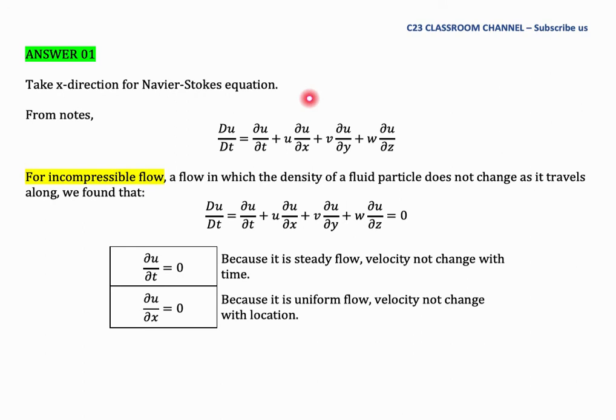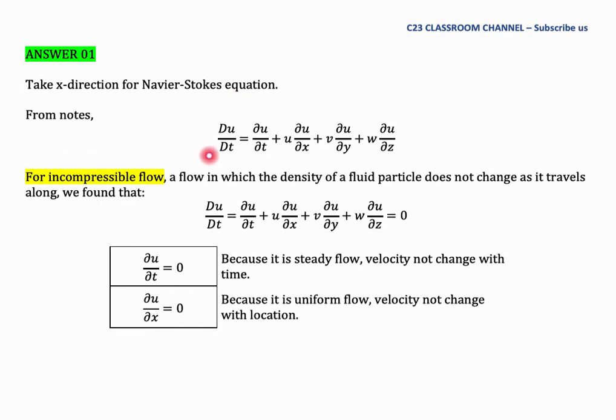Because we are solving a problem with the movement of fluids, we need to use the Navier-Stokes equation. From the question, we know that the fluid flows in the x direction, so it is better for us to use the x direction for the Navier-Stokes equation.